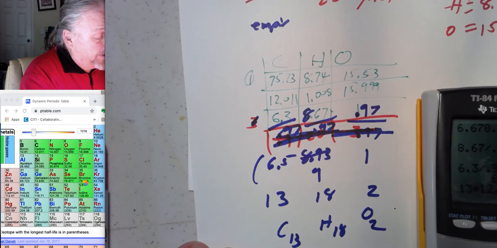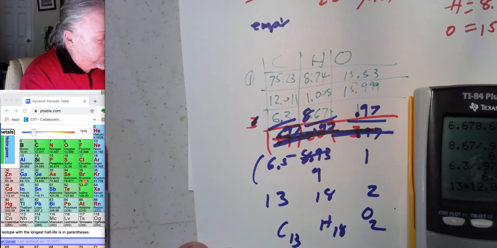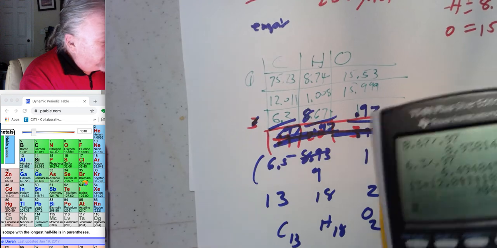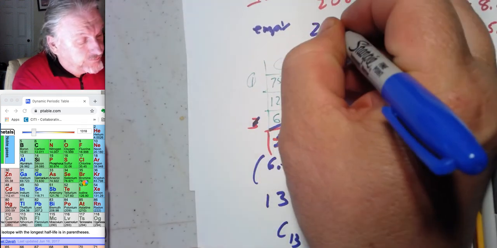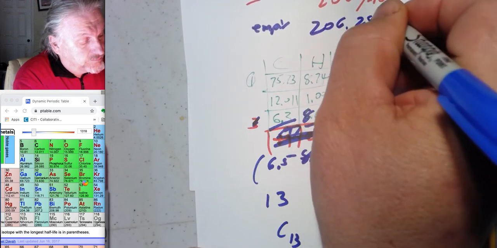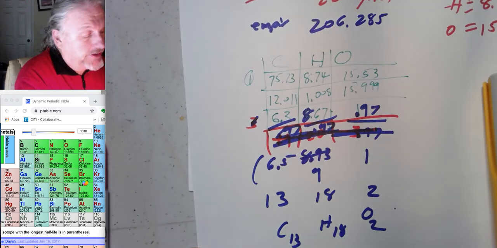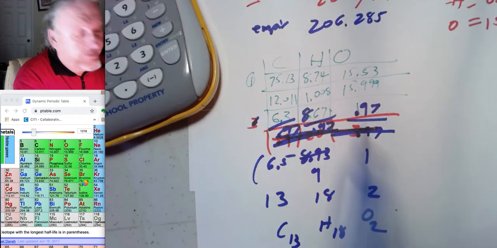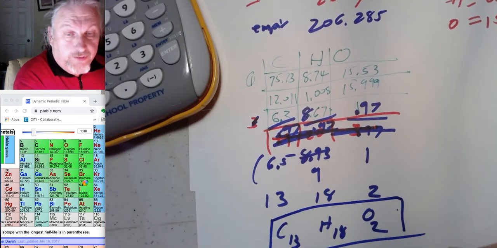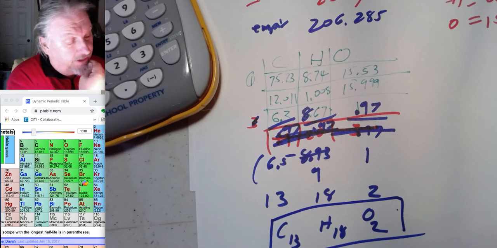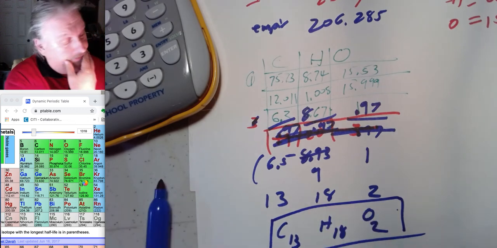Now I'm going to add that to 18 times 1.008 for hydrogen, plus 2 times 15.999. I got 206.285. That's 206. So that tells me that we did this right, that this is actually the empirical formula for this compound. That's what Advil is.